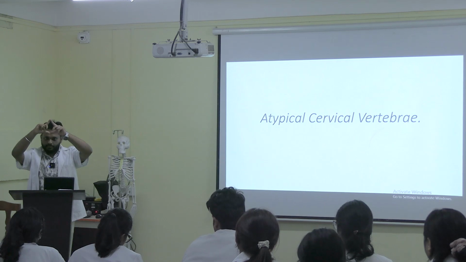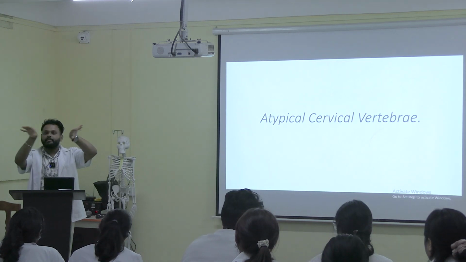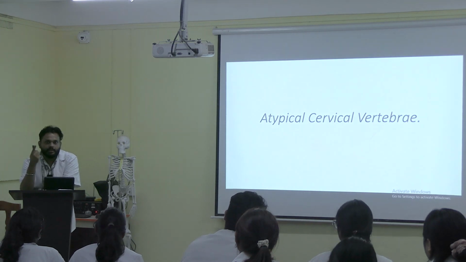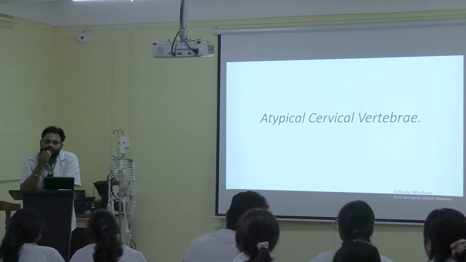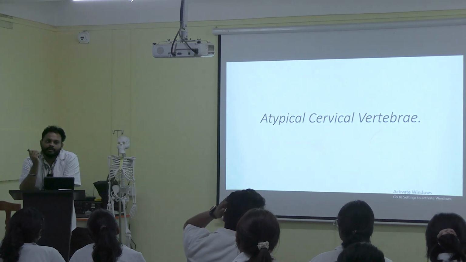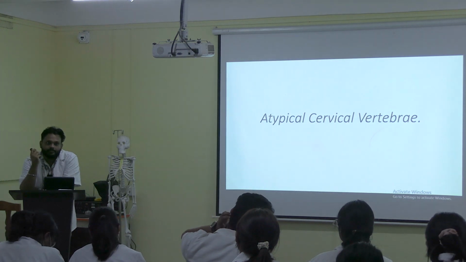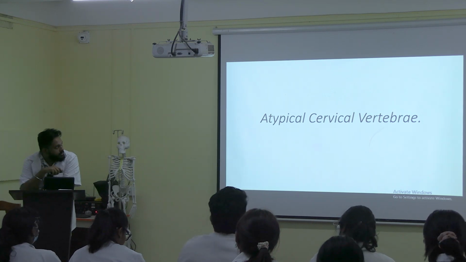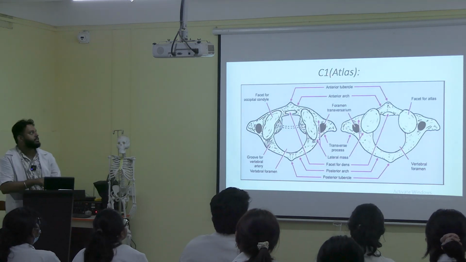Anterior tubercle, posterior tubercle, and side में क्या होगा? Transversely present, transverse process. इसमें होगा, there is one foramen, that is known as foramen transversarium. Foramen transversarium.